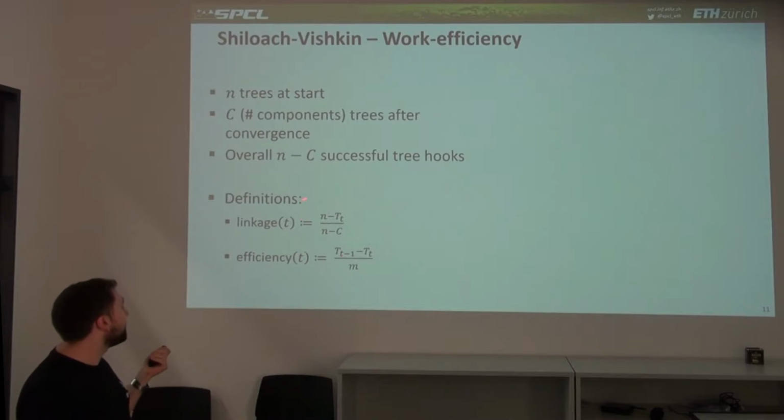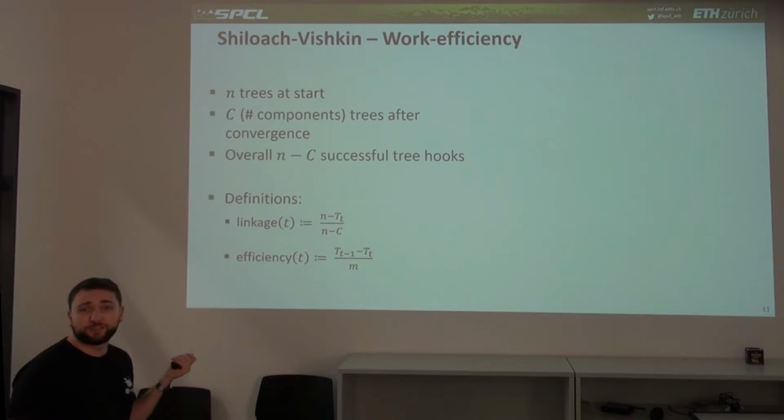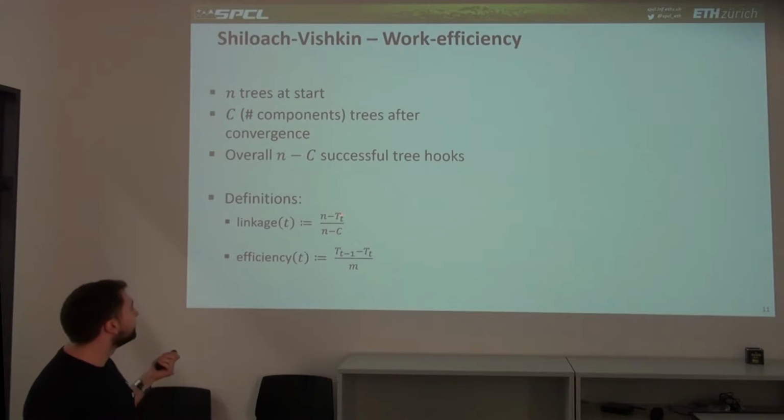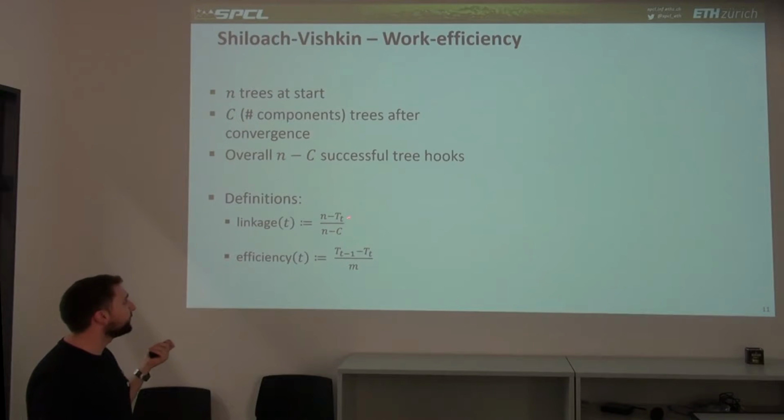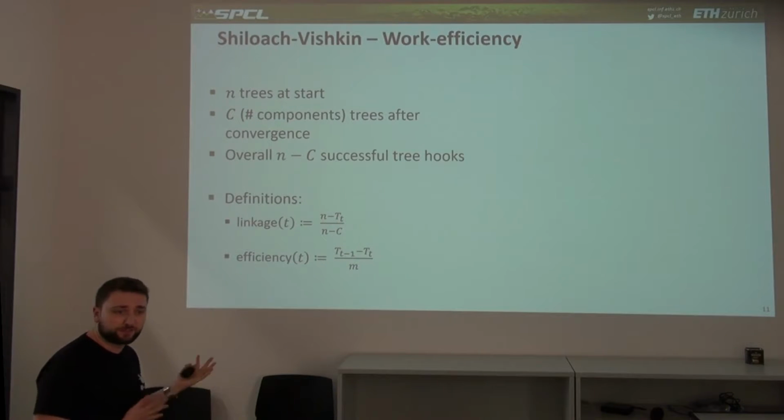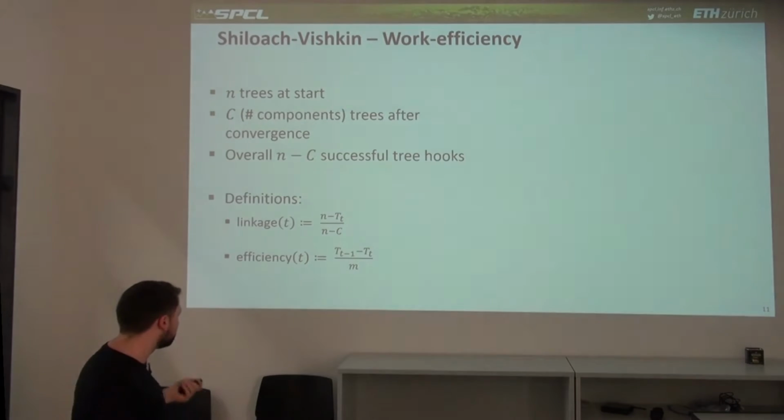At t0, before we start the algorithm, we have n trees, so this measure begins at 0. And at t infinity, when we converge, we'll have c trees, so we have n minus c. Essentially, this number goes from 0 to 1 as we converge.